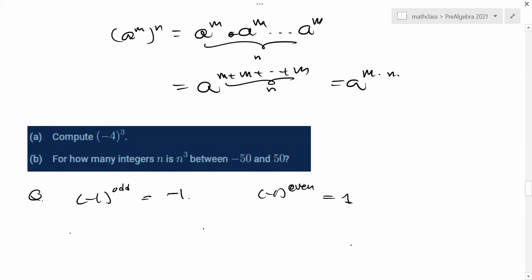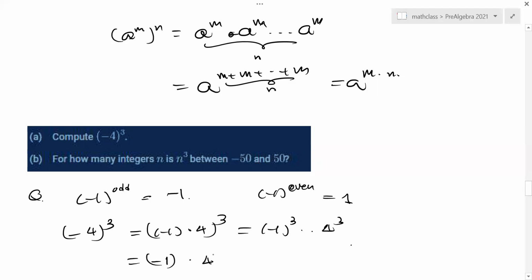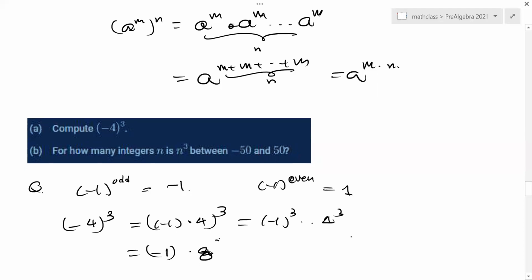So now we can do the -4 cube. -4 is going to be viewed as -1 times 4. Then according to the above formula, it's -1 cube and 4 cube. -1 cube is going to be -1, 4 cube is going to be 8. So then the product is going to be negative.